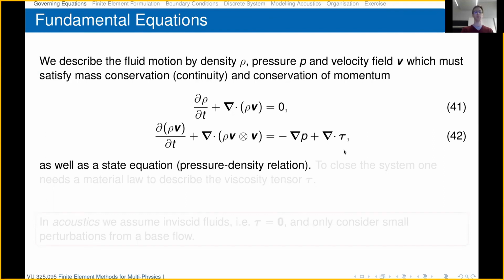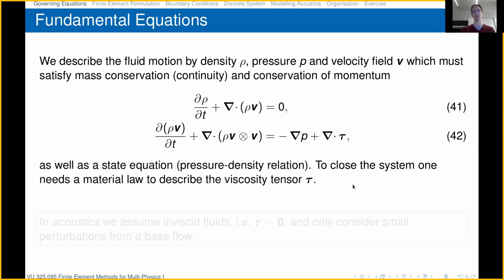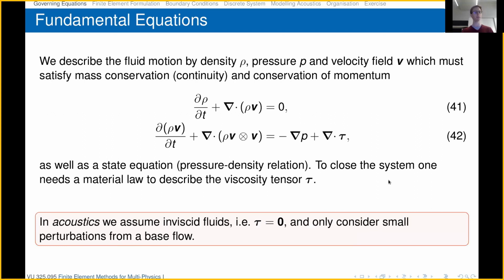And we usually also need a state equation, which in acoustics will be the pressure density relation to close the equation system. And of course, we also need to, in the general case, describe the viscosity tensor tau by a material law. However, in acoustics, we said we're inviscid, so our viscosity tensor is simply described by being 0.